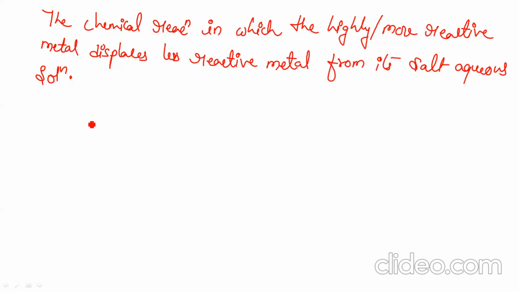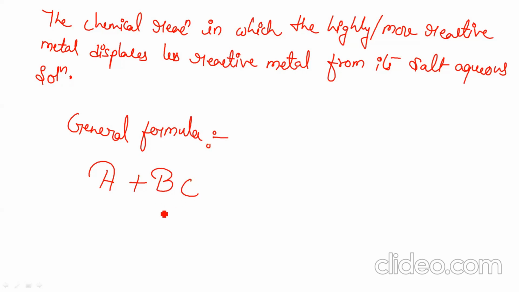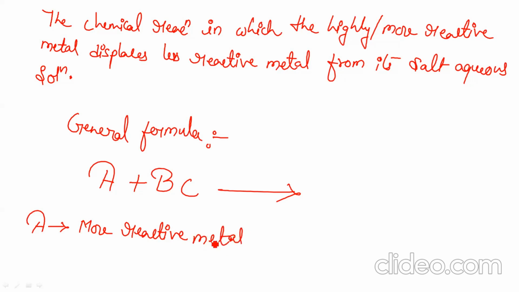Okay, so the displacement reaction's general formula can be written like this: A plus BC, where A is the more reactive metal, while B is the less reactive metal.